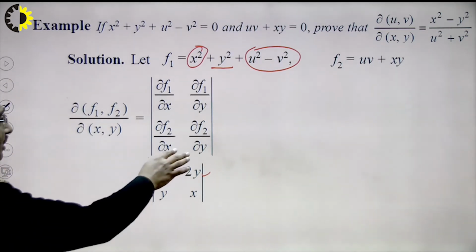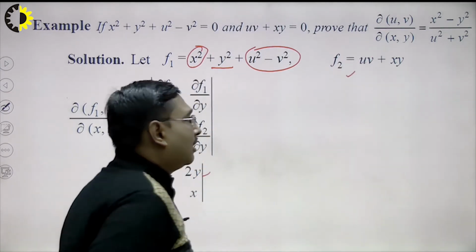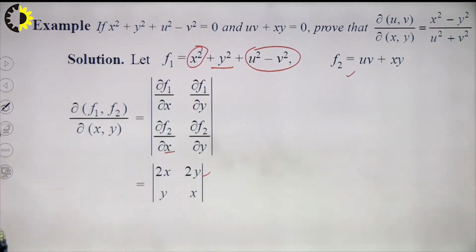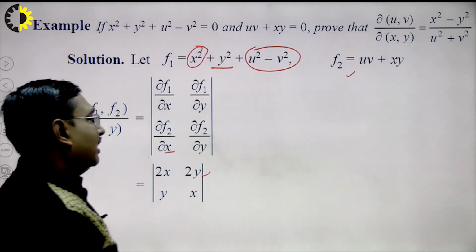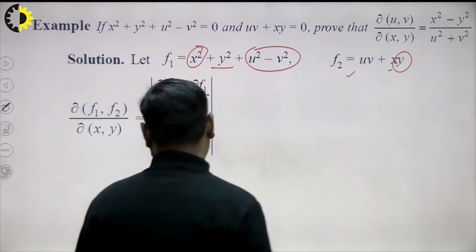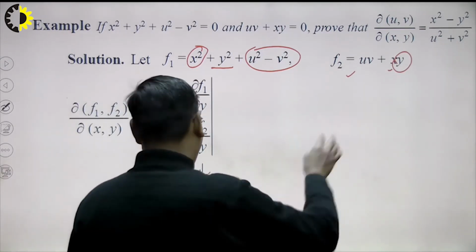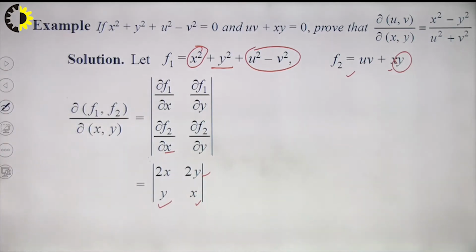Now I calculate del f2 over del x from this f2, because this time y, u and v will be treated as constants, and therefore del f2 over del x will be simply y. Similarly, del f2 over del y will be x. This is the value of this Jacobian del f1 f2 over del xy.